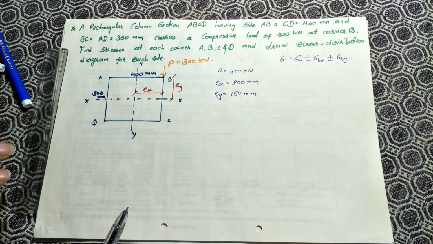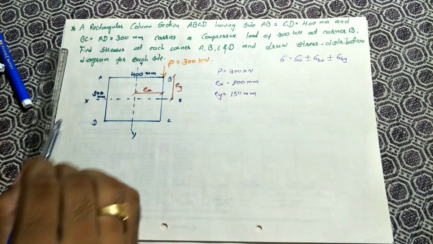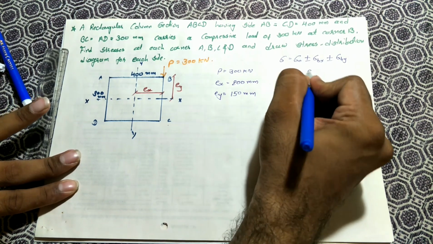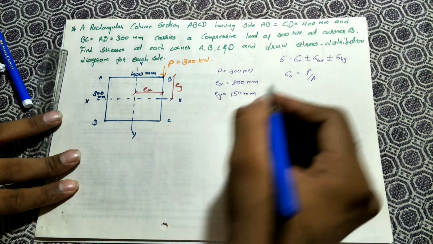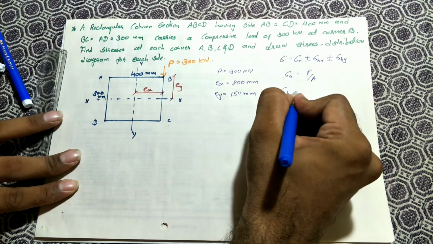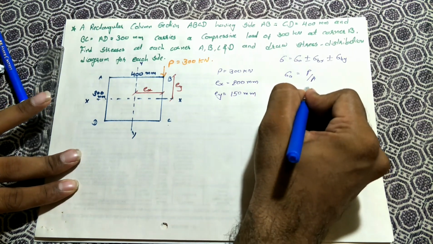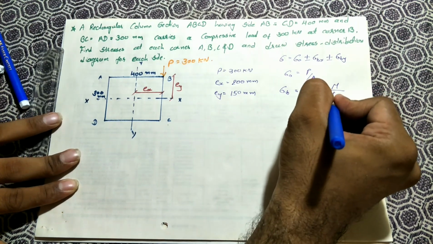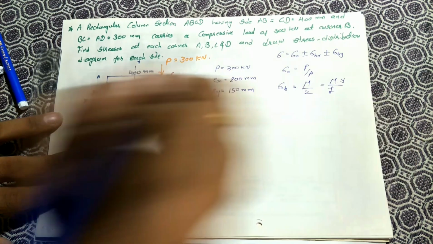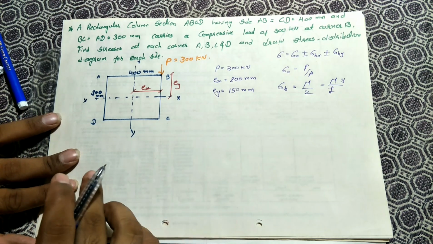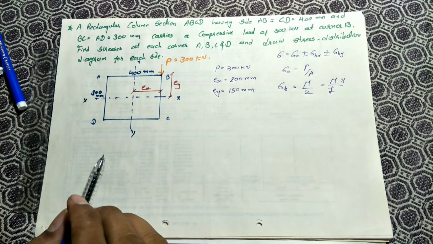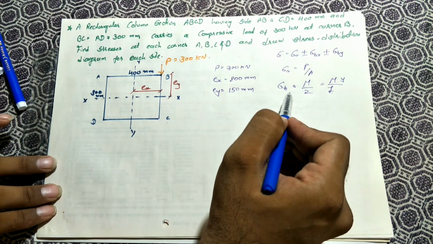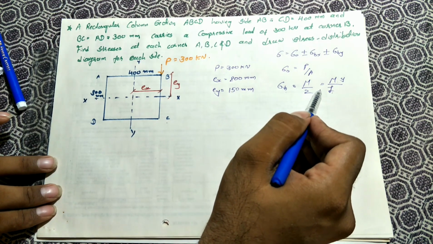You know the formula for direct stress, that is P by A, and the bending stress formula, which is also a common formula, M by Z, where Z equals I by Y. This is for the x direction and for the y direction.